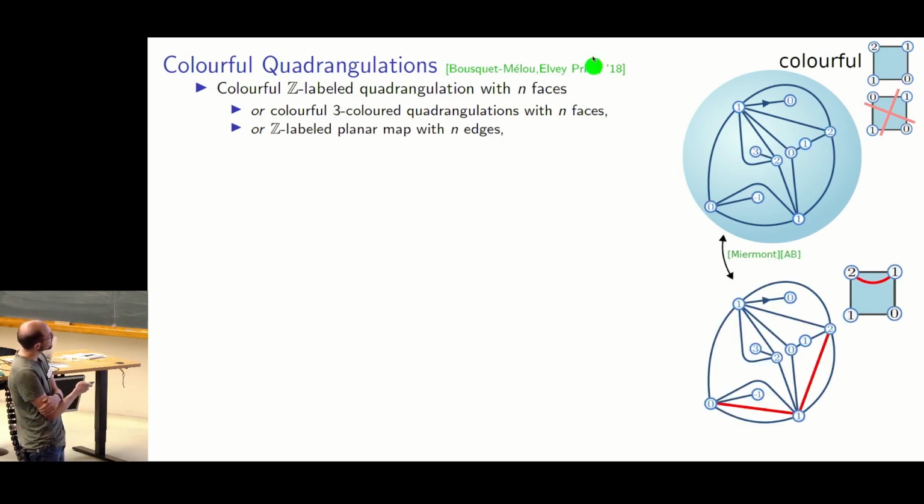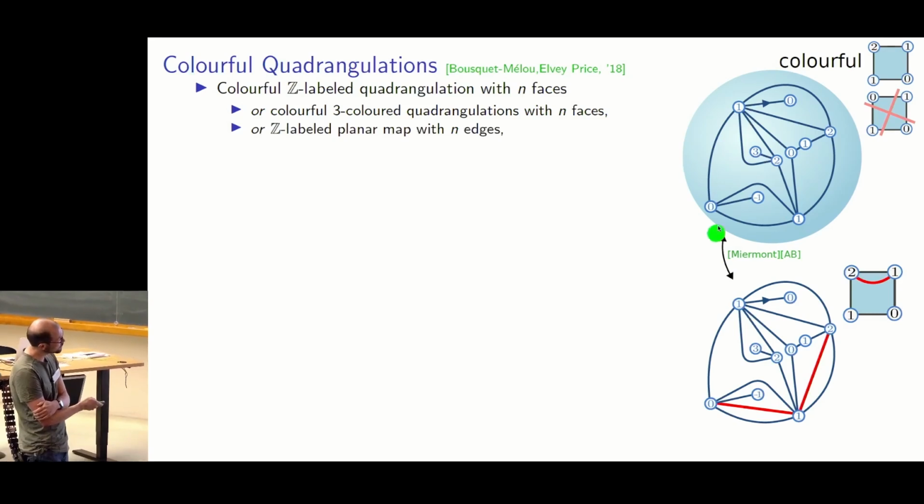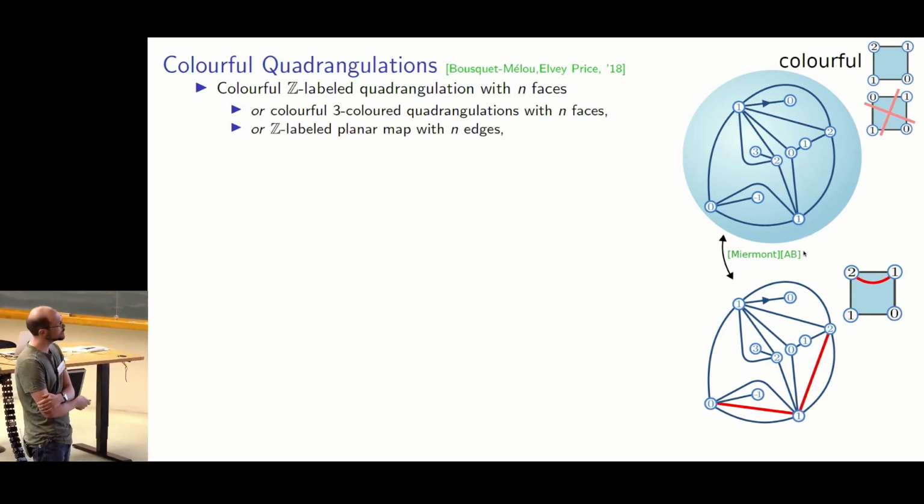Now, as discussed in their paper, there are various other families of maps that are naturally in bijection with these. For instance, one can use the type of Schaeffer bijection, where you look at every face of the quadrangulation and draw a new red edge according to this type of Schaeffer rule.